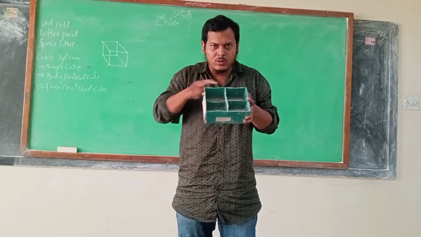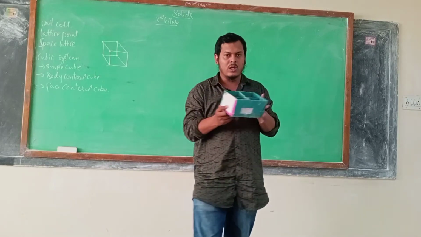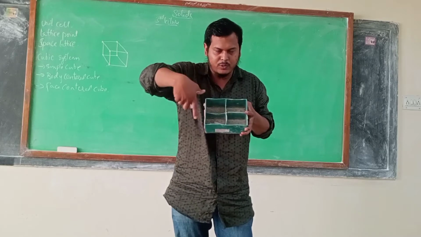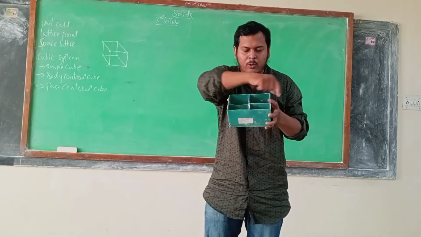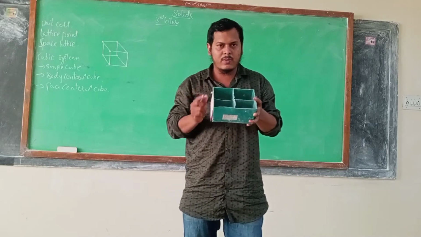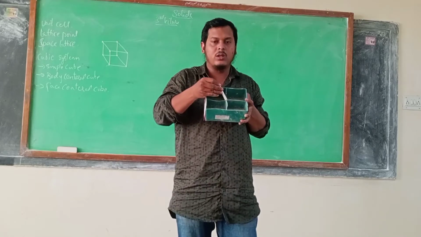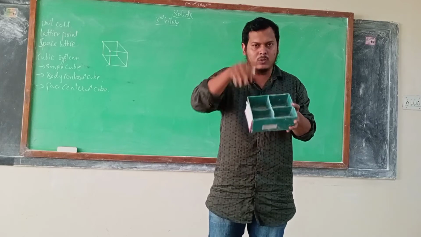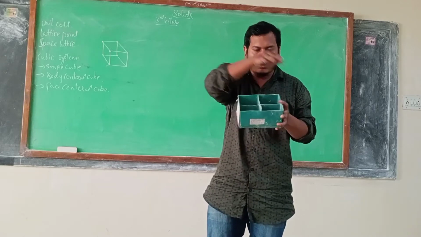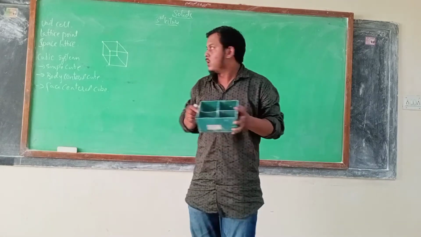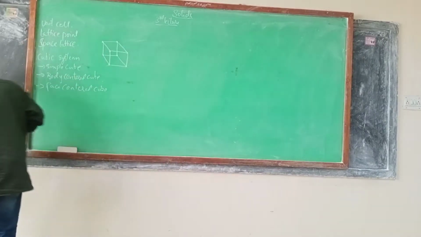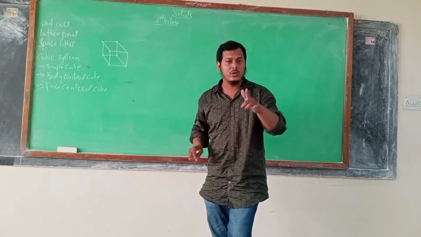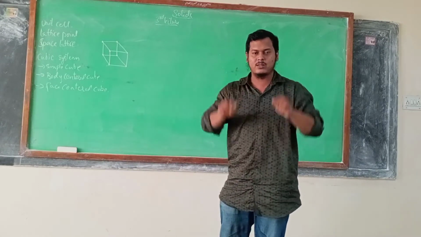If I keep one more similar box in front of this box, and above this box, then this point will be common for 8 boxes, correct? 4 here, 4 above, 4 here and 4 on the top of this. So each corner is shared to 8 other unit cells.